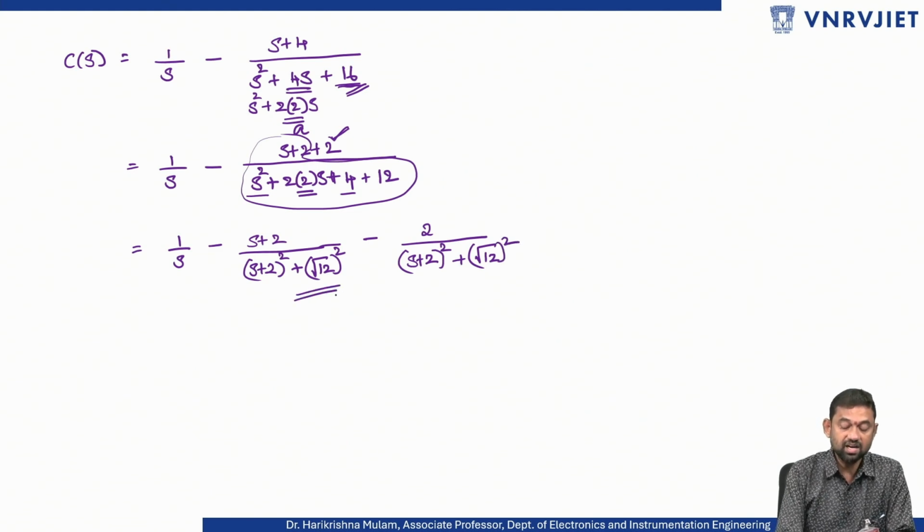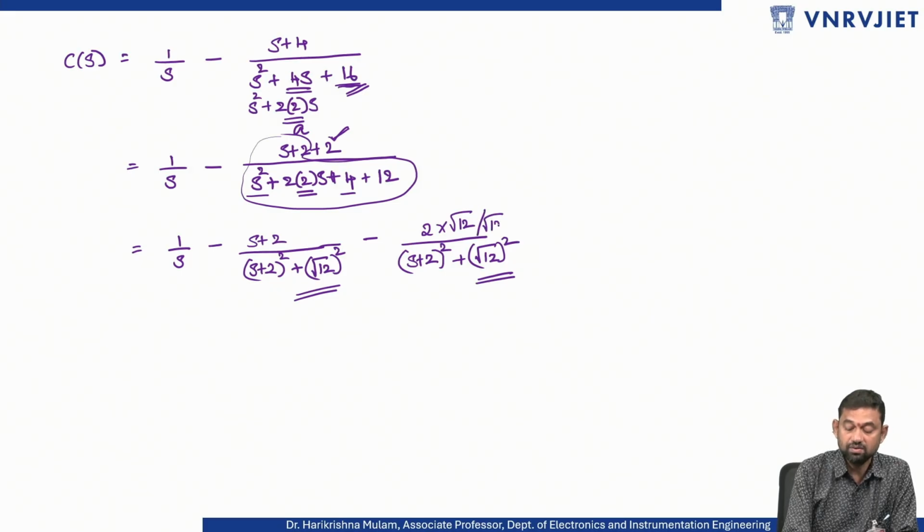This is in the standard form, but this is not in the standard form. Therefore, in order to make it in the standard form, you need to multiply it with the square root of 12 as well as divide with the square root of 12.